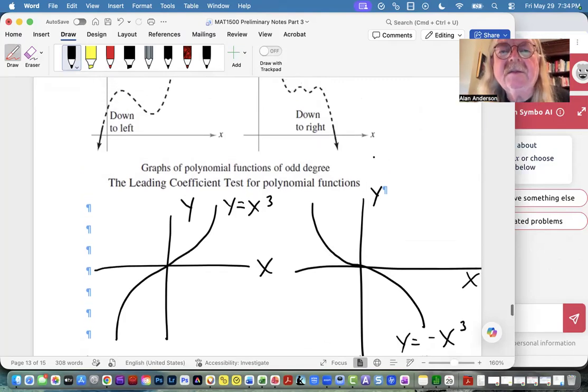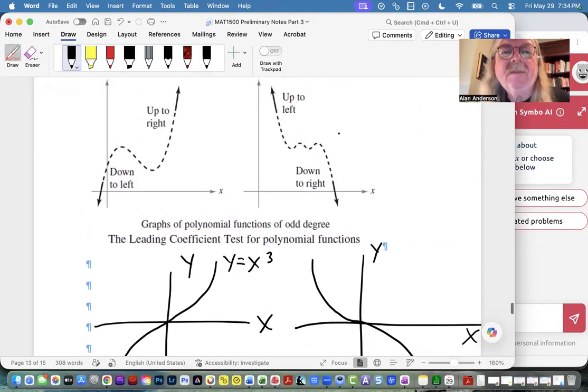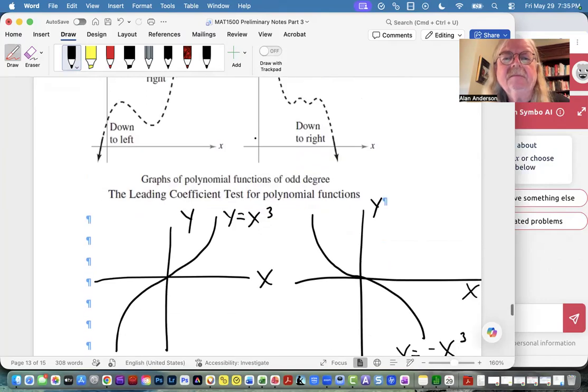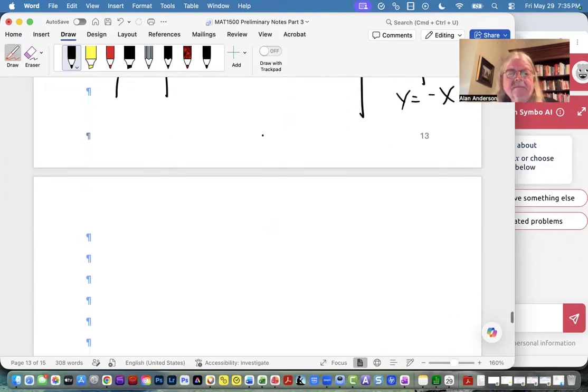And so, yeah, that's basically what they're trying to show you. Now, of course, the higher the degree of the polynomial, the more strange the shape will get. But this is the basic pattern that you'll see.